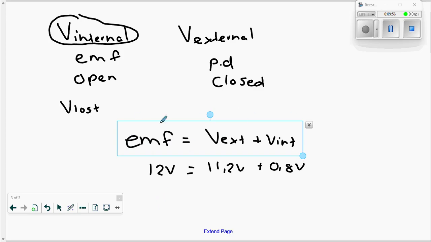So this is a really nice equation to use. Obviously not on the data sheet, but it's a nice one to use to be able to work out either EMF, V external or V internal. So just remember this, write it down somewhere, fluff it out a little bit so that you know what each one is, and then you can work from that.